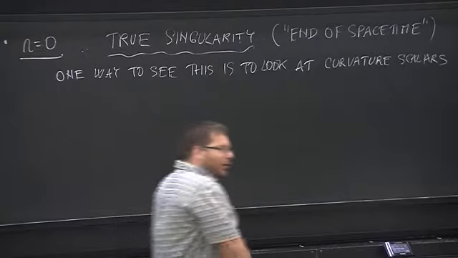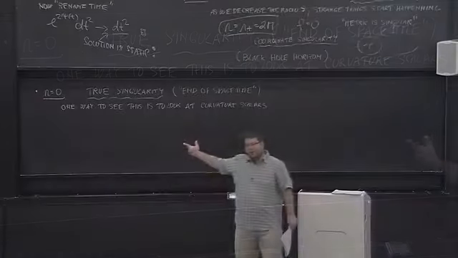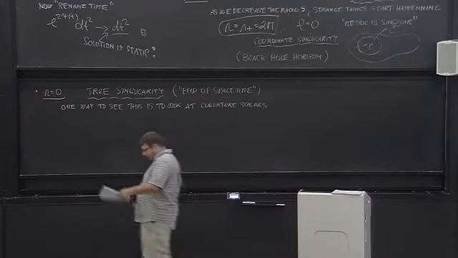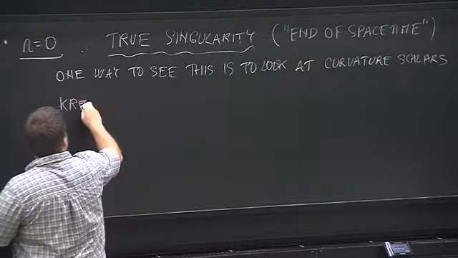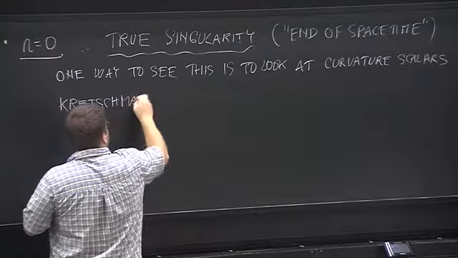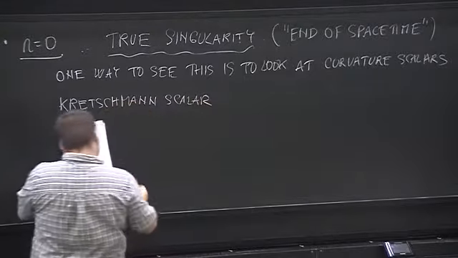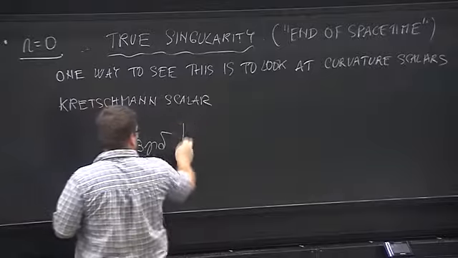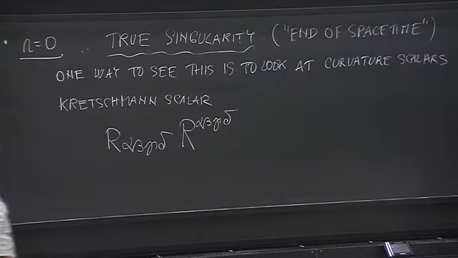The next one you could think about is R_mu_nu squared. However, that's also 0 because of the Einstein equation. The next one has its own name, the Kretschmann scalar, and it was already mentioned here. It's simply R_alpha_beta_gamma_delta R^alpha_beta_gamma_delta.